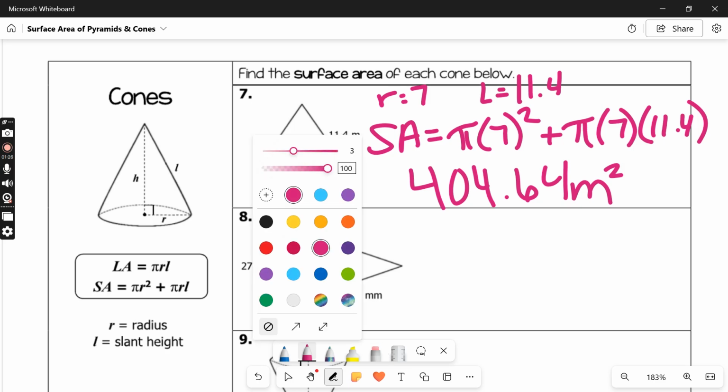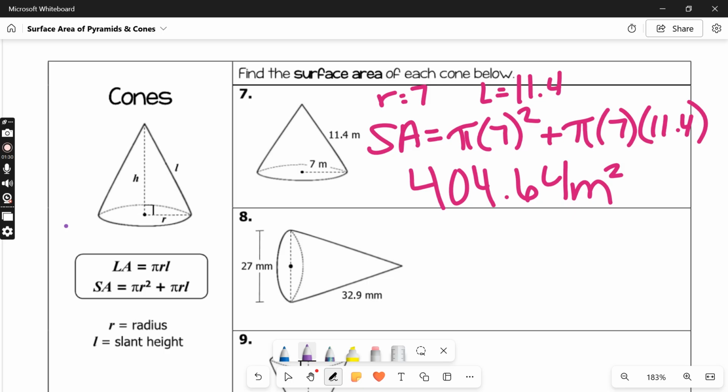Okay, on number 8, the first thing I need to do is find my radius. To find my radius, I'm going to take this diameter and cut it in half. So 27 divided by 2 is 13.5. And then my slant height is 32.9.